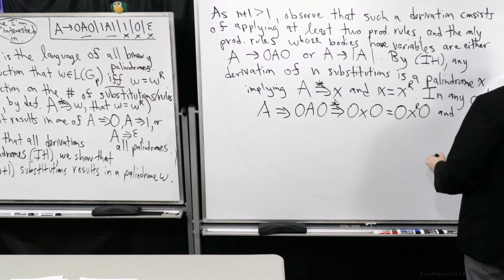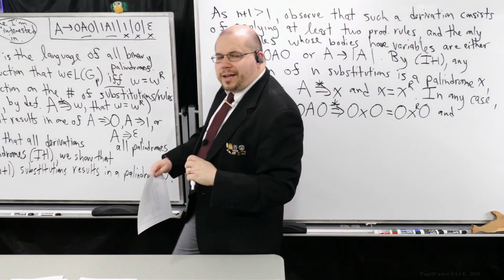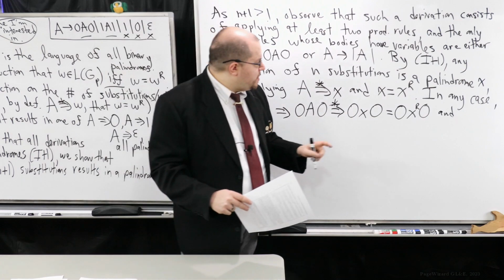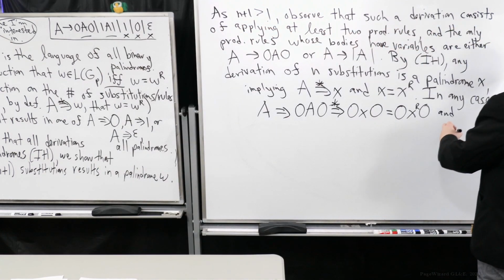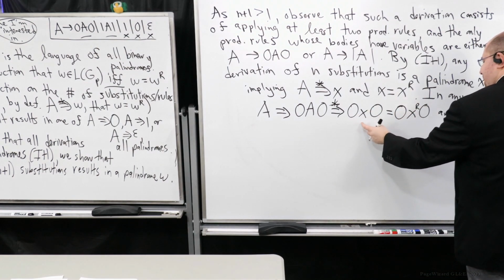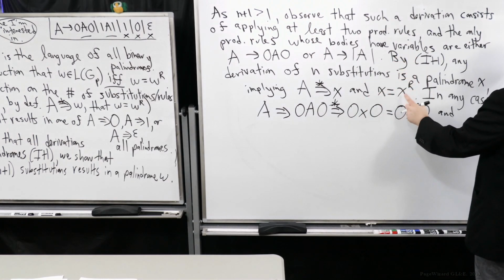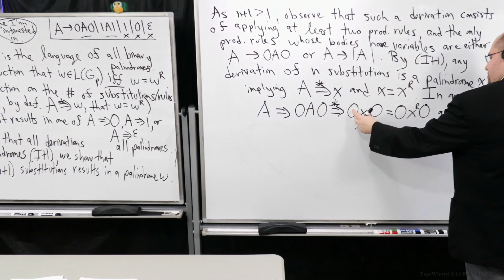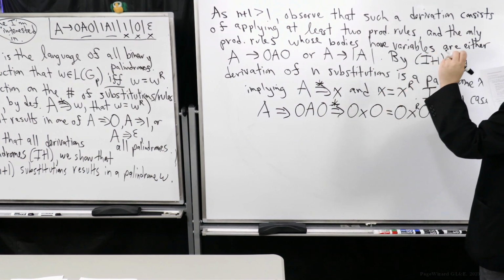And remember, is this a palindrome right here? That's a palindrome, right? This has to hold. So 0x0 is a palindrome because of the induction hypothesis, because we know x is x reversal, and we just appended zeros on both sides, right? Remember, think of it like the little wave when I was designing the grammar.